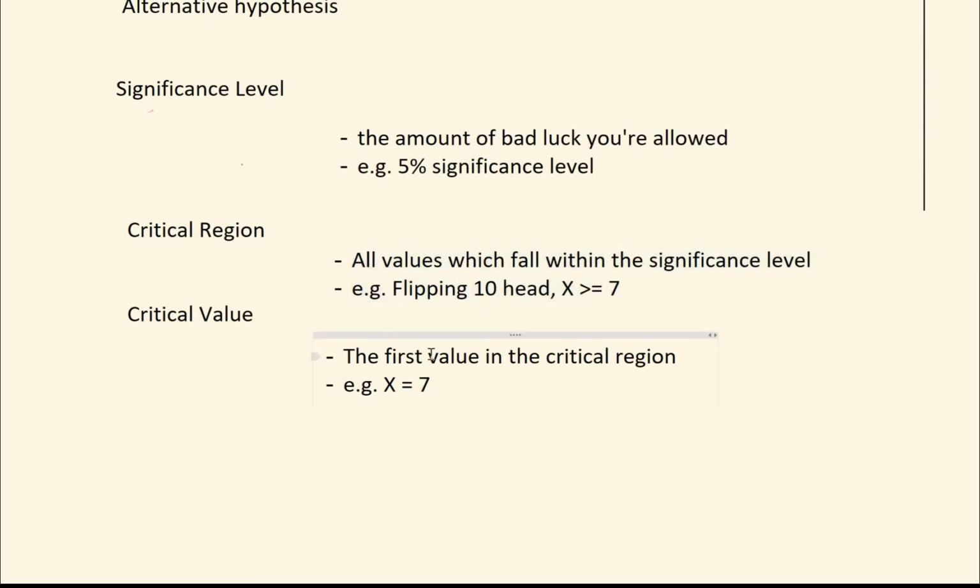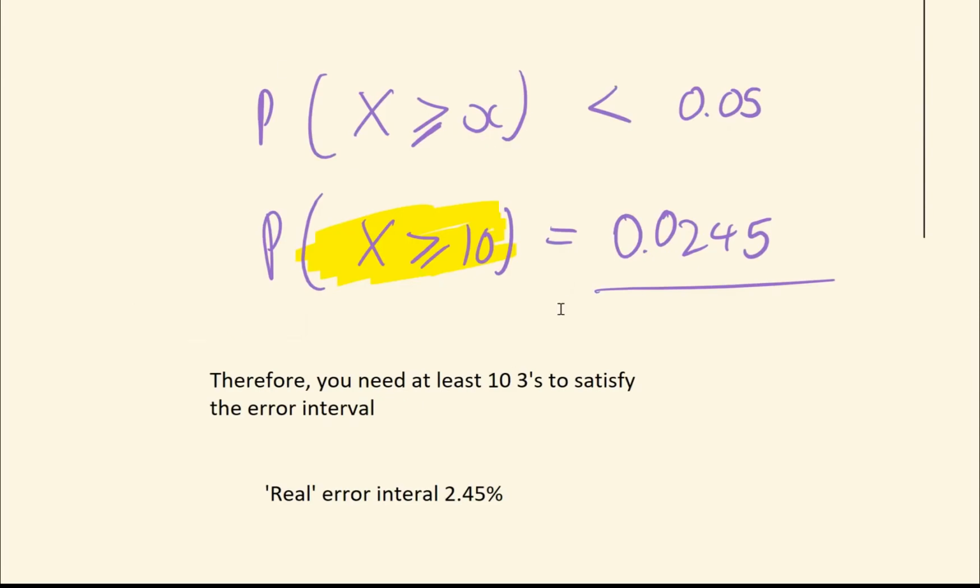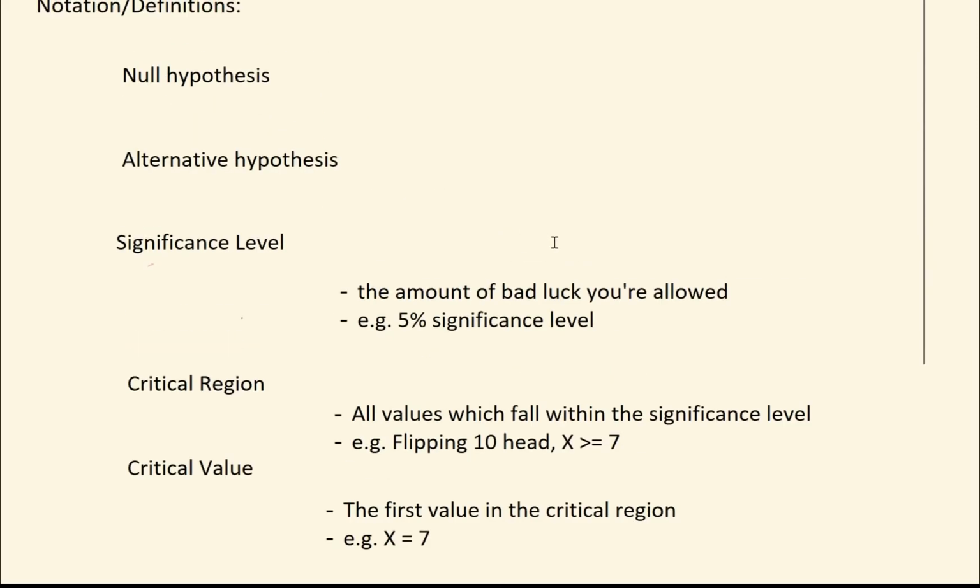We then have a critical value. Here the critical value was the first value of that significance level. So my critical value was 10 here. That was the important value, the tipping point from being fair but bad luck to being probably biased. Okay, those definitions you need to know, and they're referred to quite a lot in the questions.